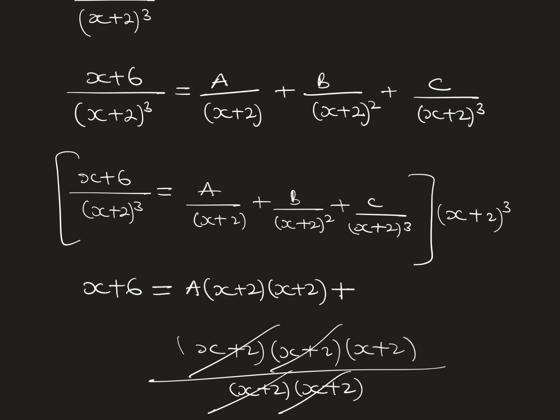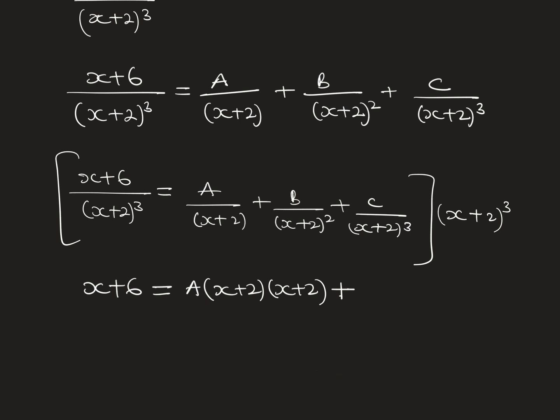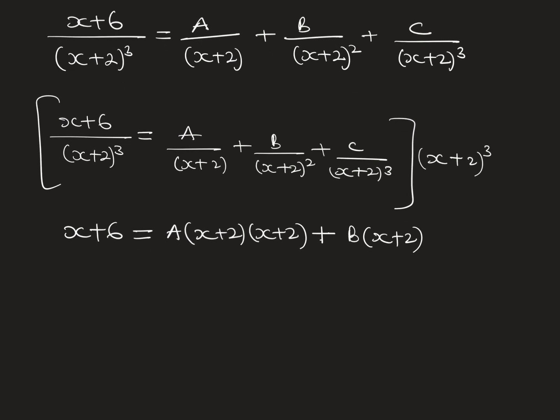So we are left with x plus 2 that we should multiply with b, okay? So that will be b into x plus 2, all right? Plus, if x plus 2 to the power 3 goes into x plus 2 to the power 3, that will be 1 times, so 1 times c is c.